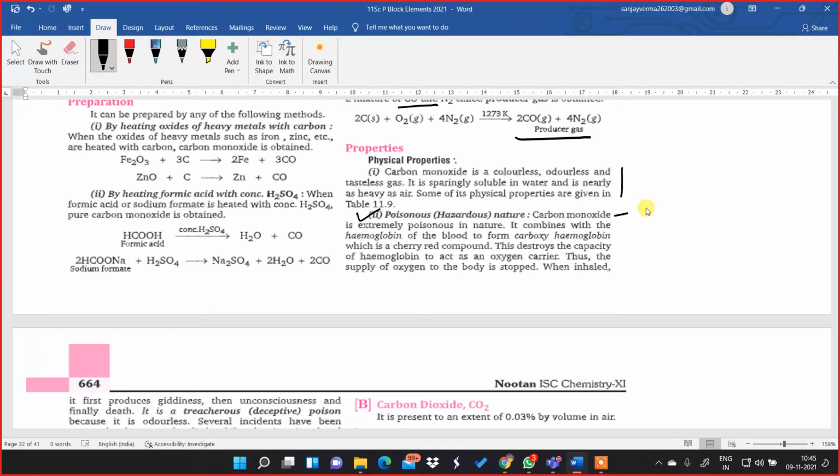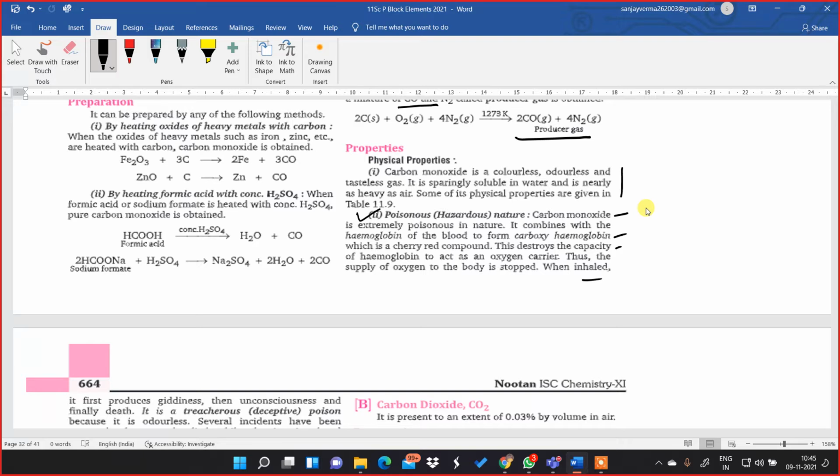Carbon monoxide is extremely poisonous. It combines with the hemoglobin of the blood to form a stable compound, carboxyhemoglobin, which is a cherry red compound. This destroys the capacity of hemoglobin to act as an oxygen carrier, so the supply of oxygen to the body is stopped.